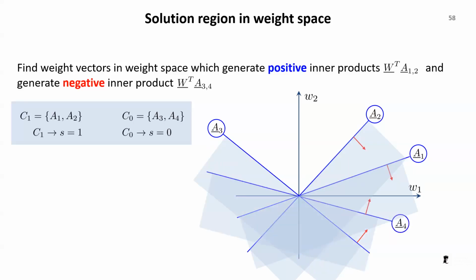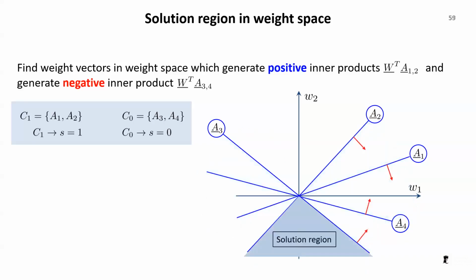The same for point A4. The solution region is on the opposite side from the orientation. And the solution weight that we want to find is any weight here. If we can find any weight in the solution region, it will for sure satisfy this and satisfy that.